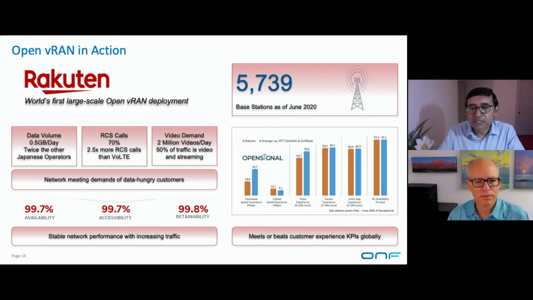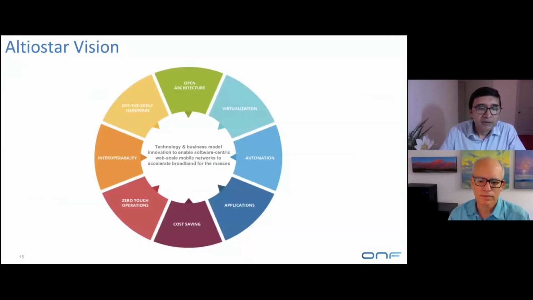And OpenSignal, they carried out their own analysis, and they have published a report, and they have also accepted that the performance meets or beats customer experience KPIs globally. So my point is that what it shows is that Open vRAN is ready for prime time and demonstrating very good performance.